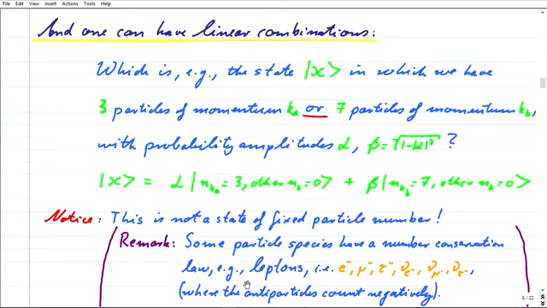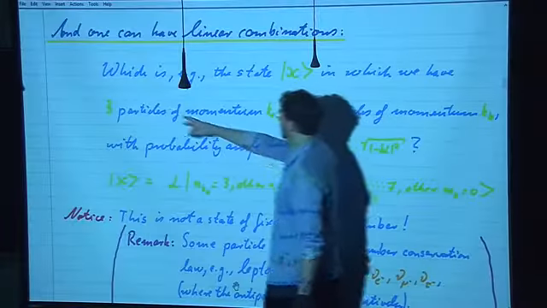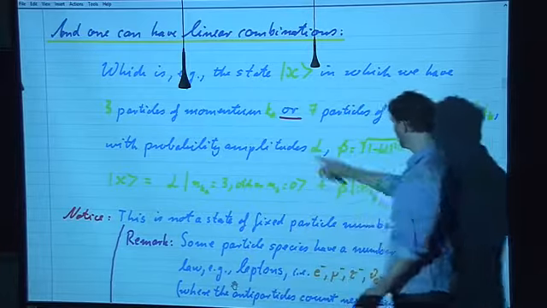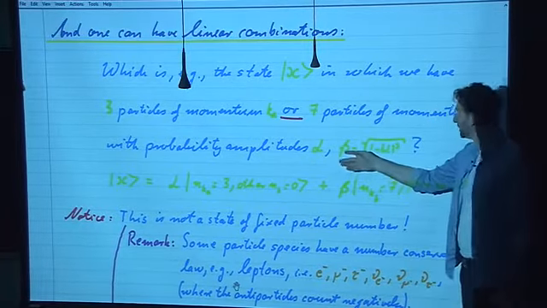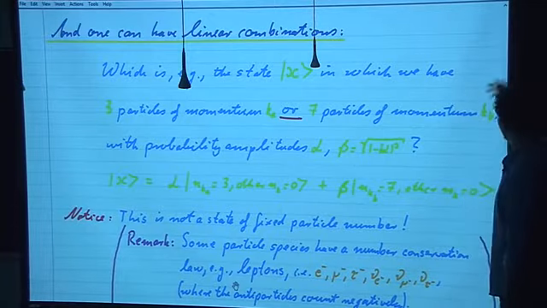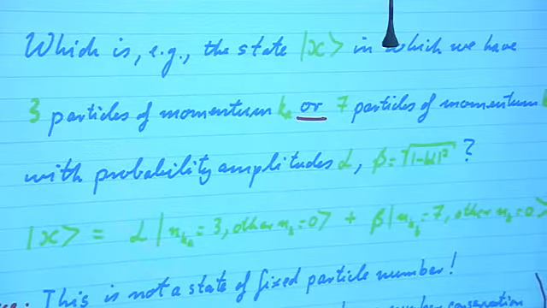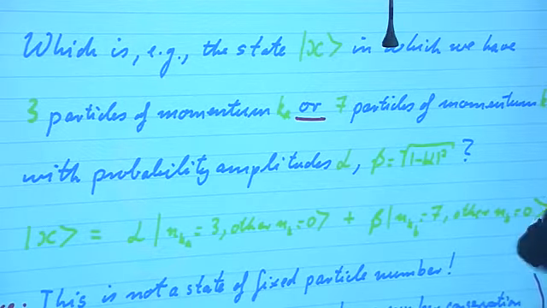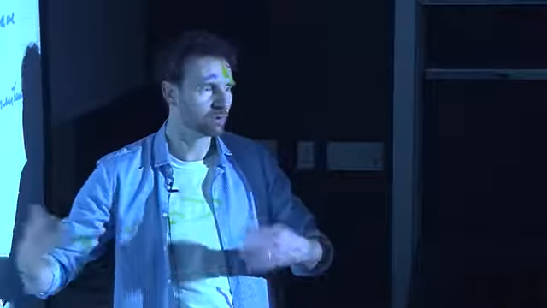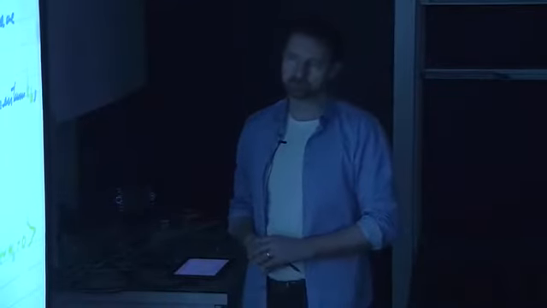Let's try that. And let's say there is a probability amplitude for having 3 particles of momentum Ka, alpha, and the probability amplitude then for finding 7 particles of momentum Kb is this. It has to be, because we are saying it's either 3 or 7 particles, one of the two, so the probabilities we are legislating to add up to 1.